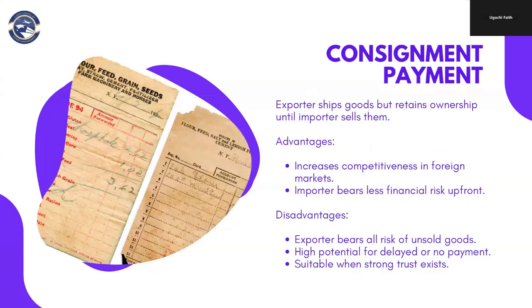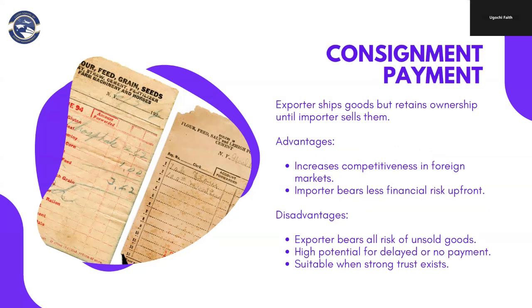Then we have consignment payment. A lot of people also do this, and I will talk about the best place where this actually happens with Nigerian exporters. So we have exporter ships goods, but retains ownership until importer sells them.